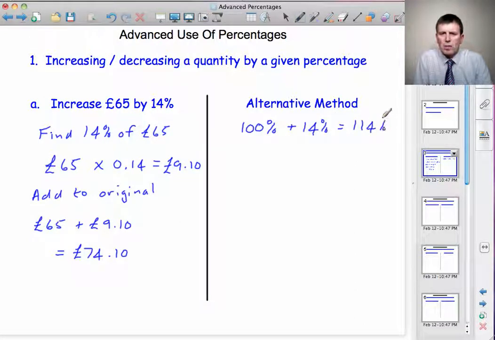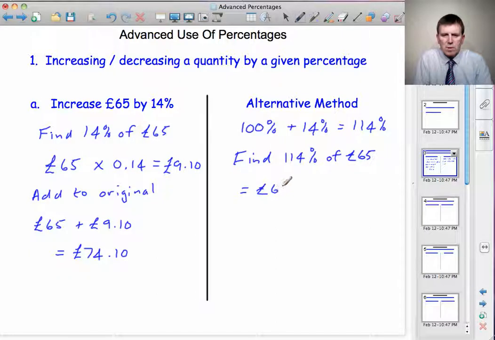So all I need to do to answer this question is find 114% of £65. And we do that by saying £65 multiplied by, and 114% as a decimal is 1.14.